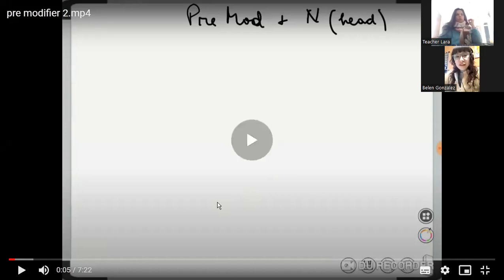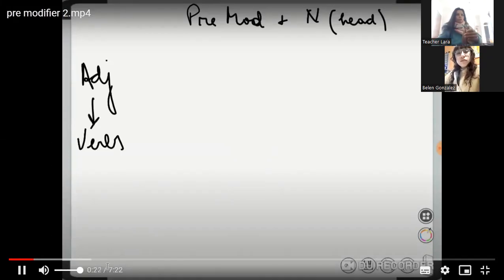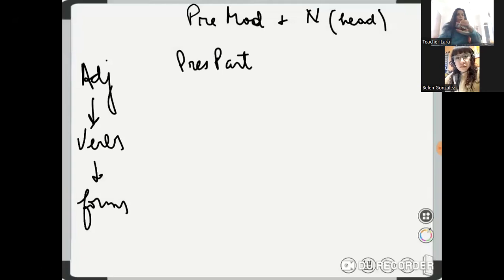Okay. Categories as pre-modifiers that, of course, are functioning as adjectives, but in fact we will see that the origin of these words are all verbs. Yes, and they are verbs taking different forms. So the pre-modifiers that we are going to consider now are pre-modifier present participle, pre-modifier past participle, and pre-modifier gerund.